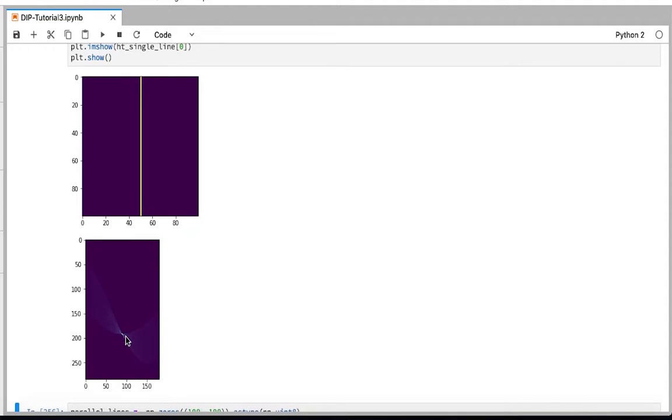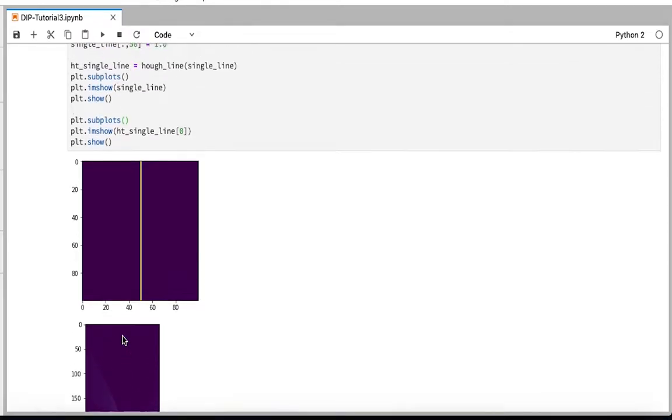You don't really see the small curves, but you can see that all of them intersect at one point, which means that at this particular theta and s, this is our line equation. All the points in this line satisfy this particular theta and s.